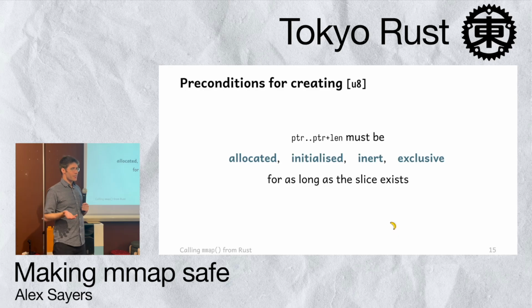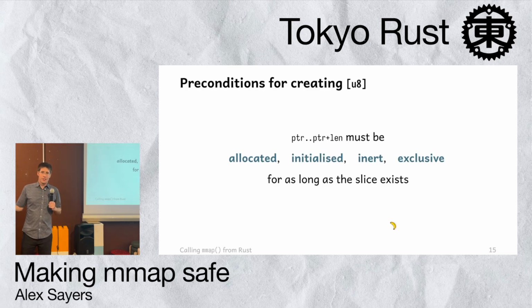All Rust values must live within an allocation. And slices are no exception to that. Now, it doesn't have to be a heap allocation. Of course, it could be a stack allocation, or they could live in registers or static. Even consts and literals count as allocations according to the way that Rust uses the term.